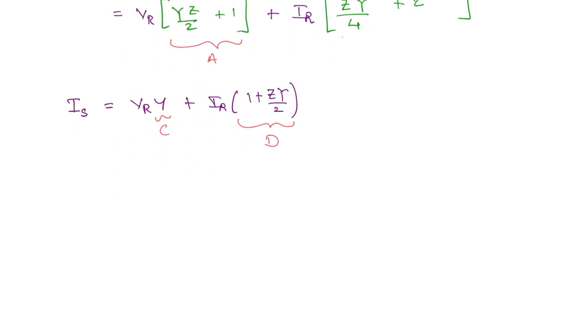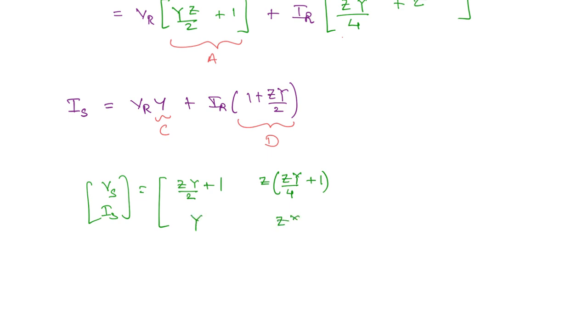Now you can write the ABCD parameters. This is Vs, Is, this is equal to A is ZY by 2 plus 1 and B is Z into ZY by 4 plus 1, right, and C is Y, D is ZY by 2 plus 1.